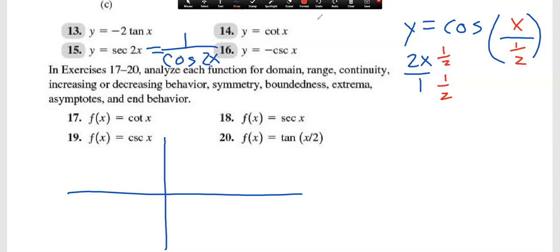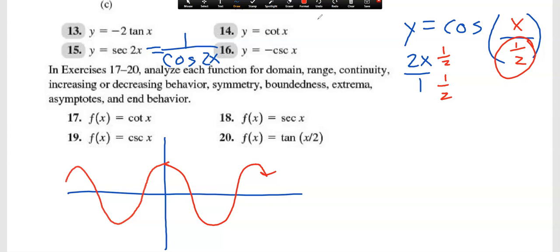Horizontal shrink or stretch? We see the a value is 1/2. That's a shrink. So when we graph this thing, what's the end of the cycle? Only 1 pi, right? Because we shrunk this thing down.